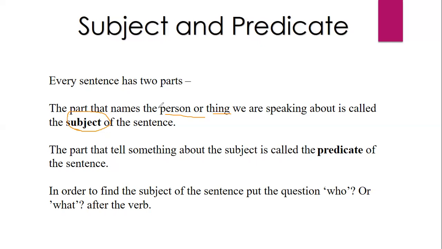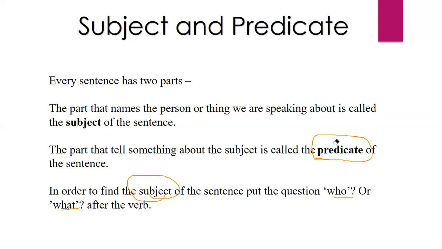Now, what we say about that person or thing, we call it the predicate. And one more important clue: who or what helps to find the subject. Clear? So the part that names the person or thing that we're speaking about is called the subject of the sentence.